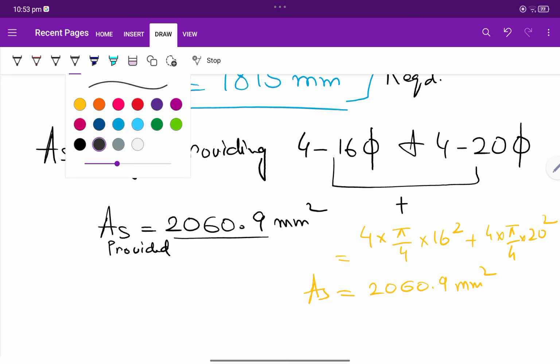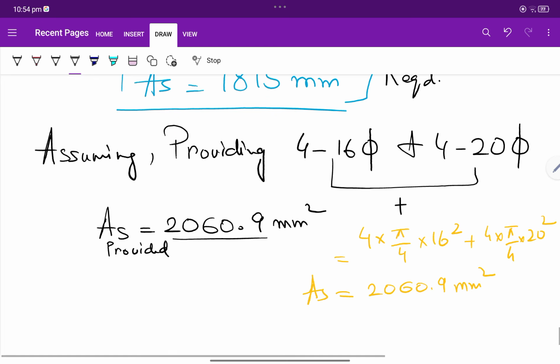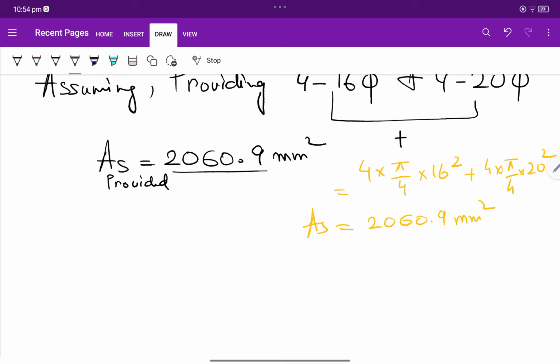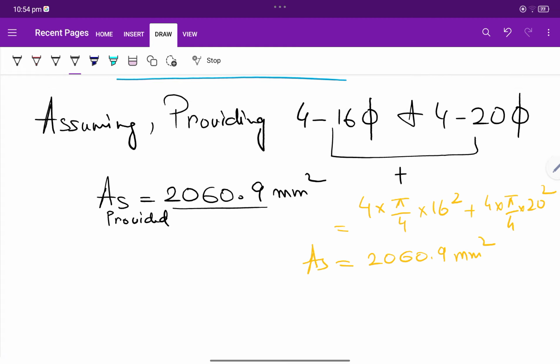Okay, so now we will calculate the number of bars required. So this is the area. We will now calculate the maximum area of steel and the minimum area of steel.